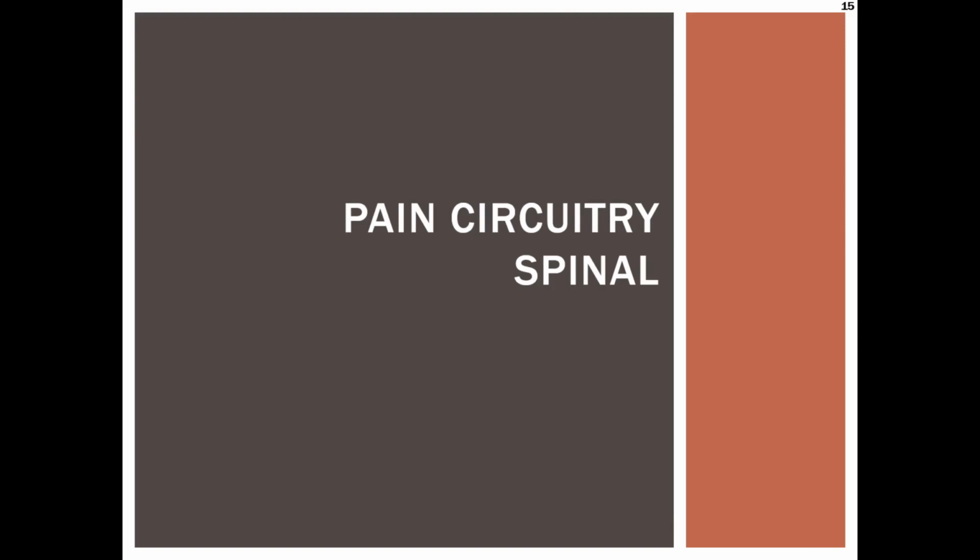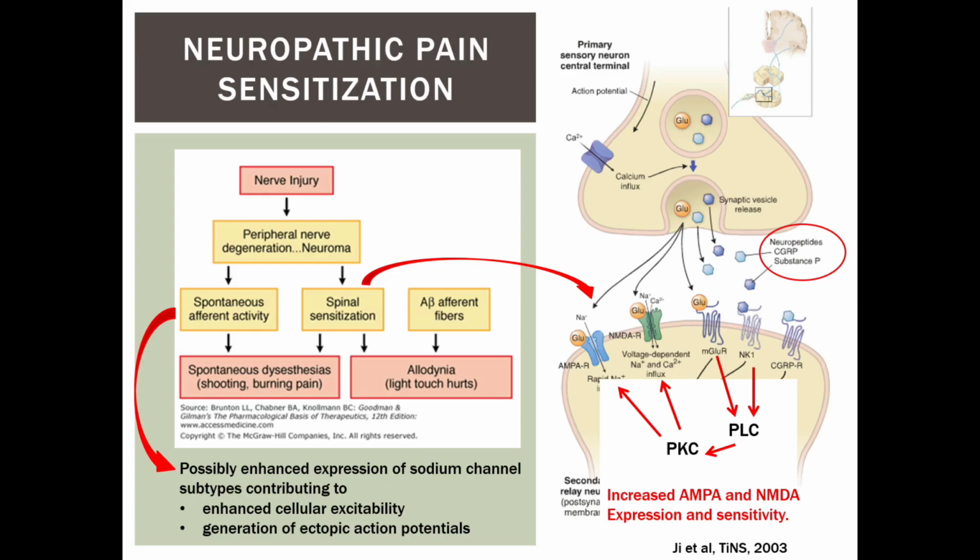Now we want to talk more specifically about the pain circuitry that occurs in the spinal cord. Here in the spinal cord, we've already talked a little bit about the presence of glutamate receptors. And so this is the primary afferent bringing information in from the periphery. This is now in the spinal cord.